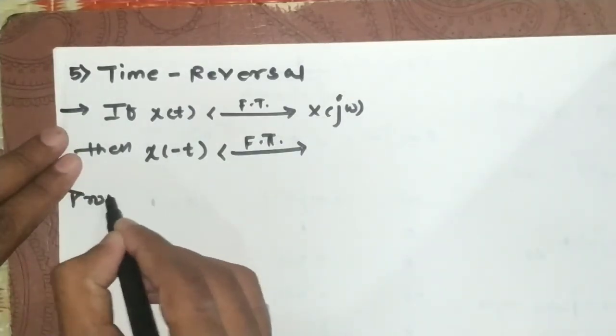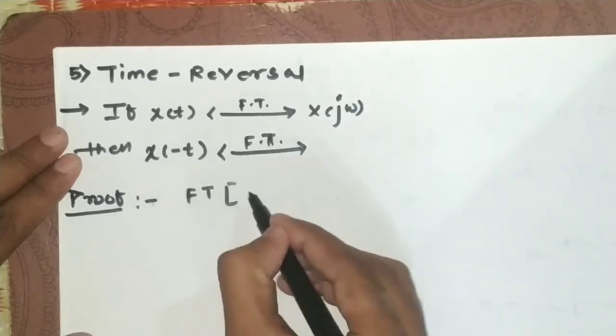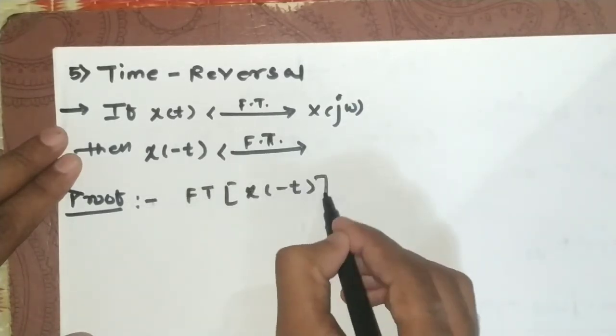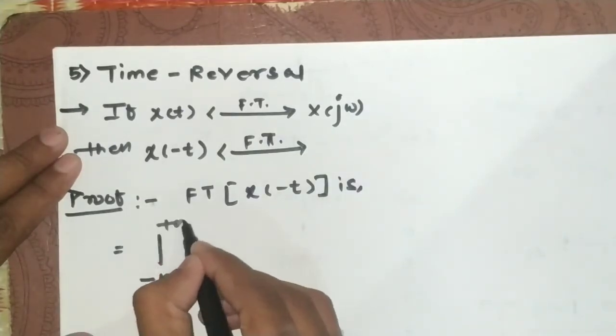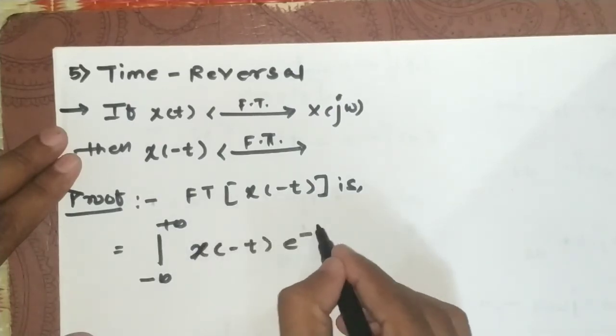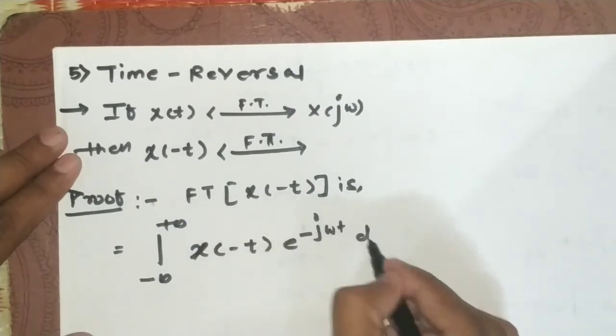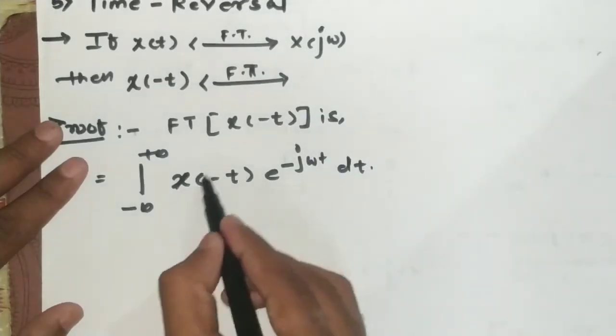In case of its proof, we'll write the Fourier transform of x of minus t, which is equal to the integration of x of minus t e raised to minus j omega t into dt. Second step, we will write substitution.